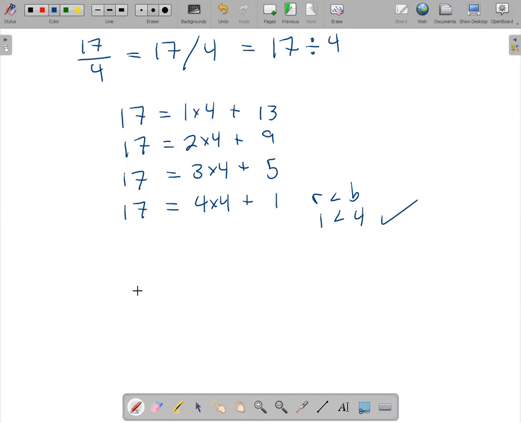So then we could say something like 17 divided by 4 is equal to 4 with a remainder of 1. And for a while, we note the quotient and the remainder. And eventually, once kids get into the idea of fractions, that would be 4 and 1/4. This is later.